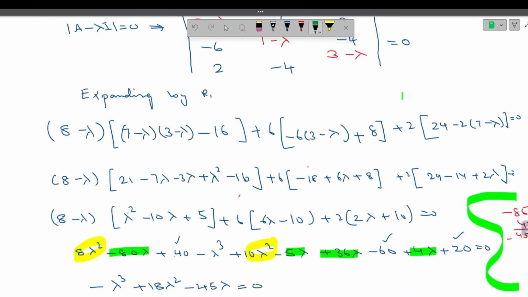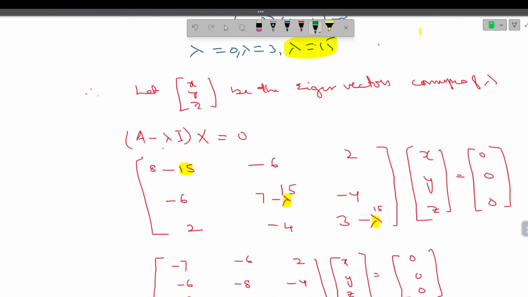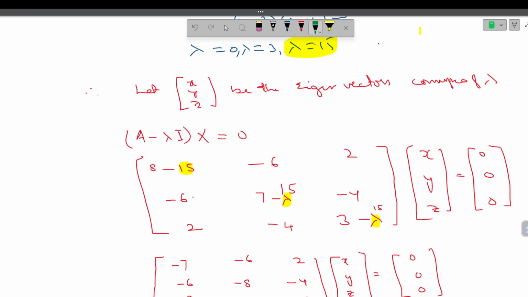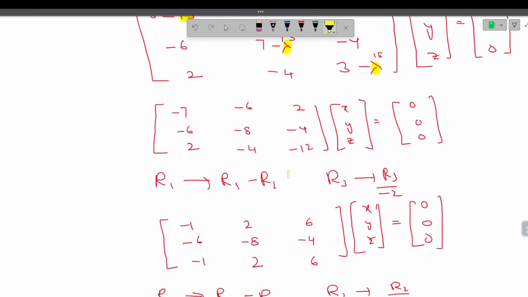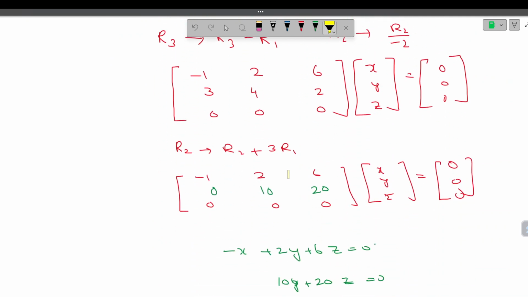As a rule, we have to find all, but in the question he wants the largest characteristic root. So the largest characteristic root is lambda equal to 15. Put lambda equal to 15 in this equation, then find the value of xyz. Whatever xyz is, they are nothing but the eigenvectors corresponding to the eigenvalues.